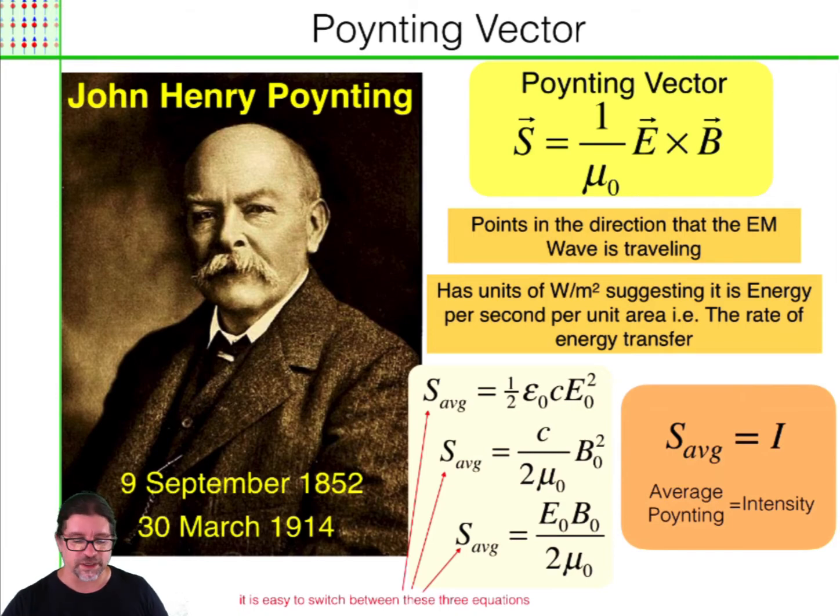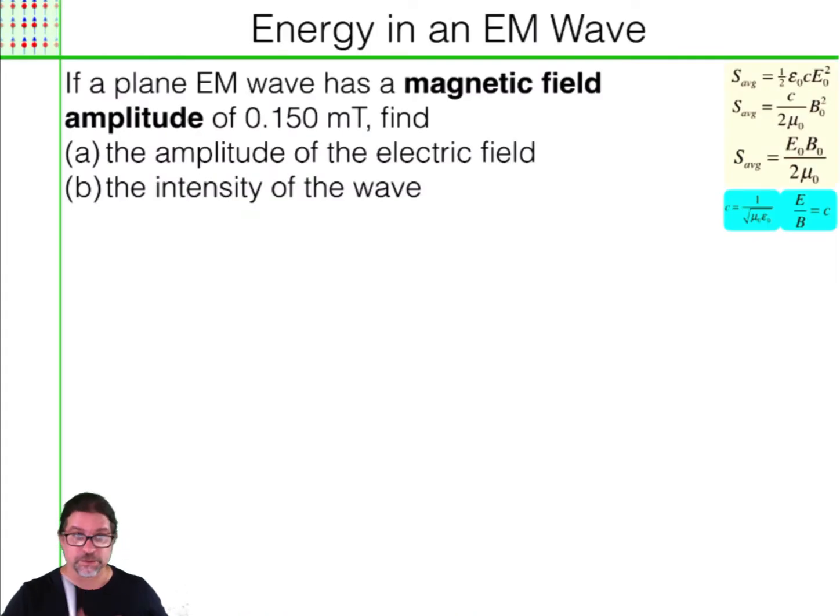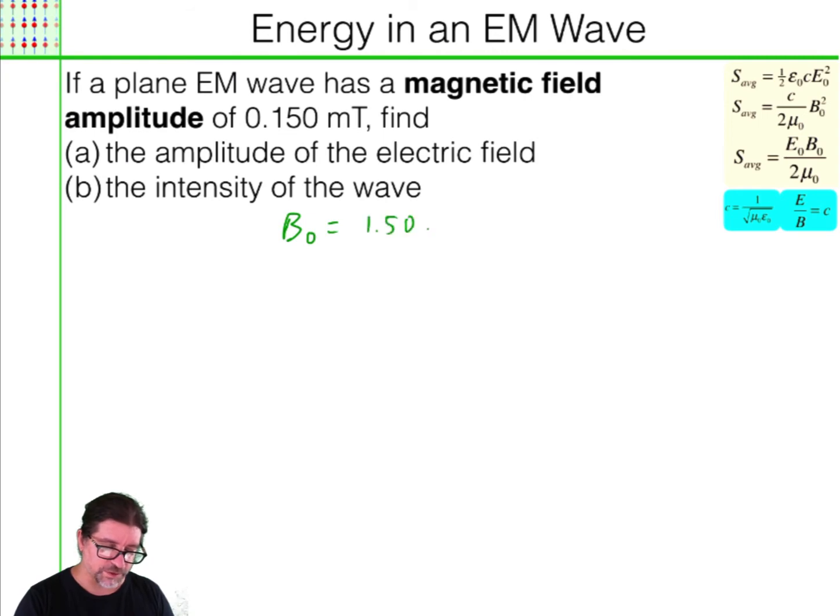So we can use this to help us understand energy being carried by an electromagnetic wave. Let's look at an example here. Let's say a plane wave has a magnetic field with an amplitude of 0.15 millitesla. Let's find the amplitude of the electric field and the intensity of the wave. Well, we're given that the amplitude of the magnetic field is 0.15 millitesla, which works out to about 1.50 times 10 to the minus 4 Tesla.